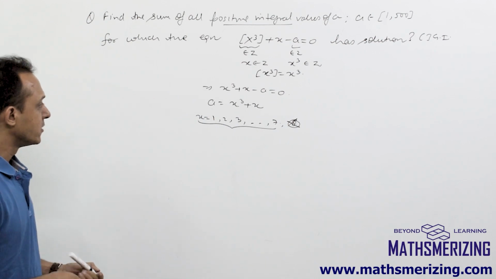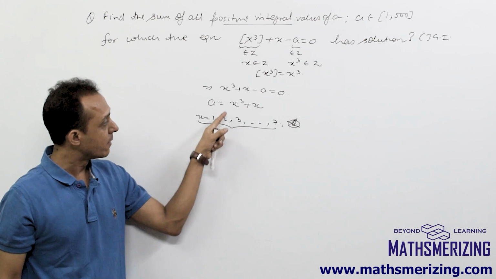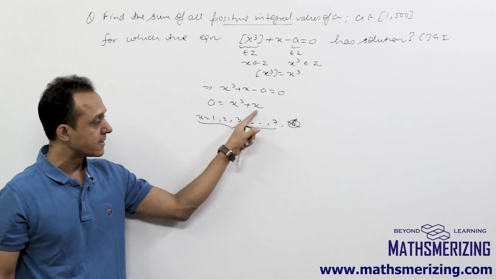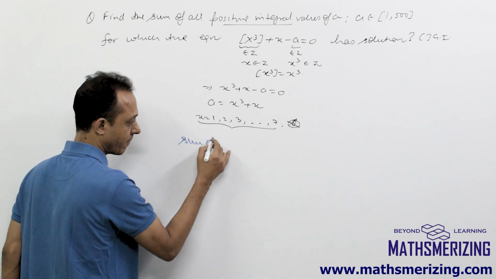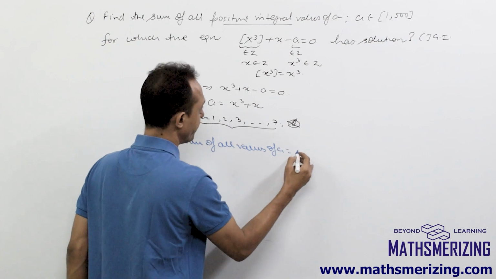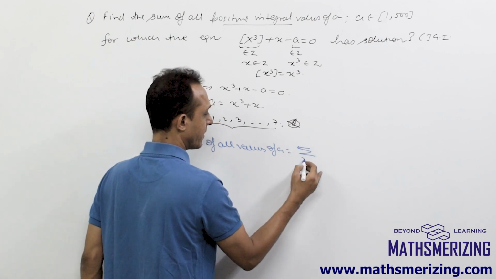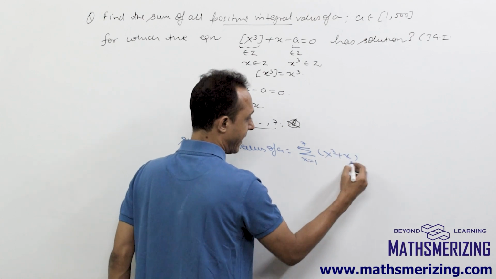So what are the possible values of a? One of the possible values of a is when I put x as 1, another value is when I put x as 2, another value is when I put x as 7. So the sum of all possible values of a is simply the summation, x varies from 1 to 7, of x cube plus x.